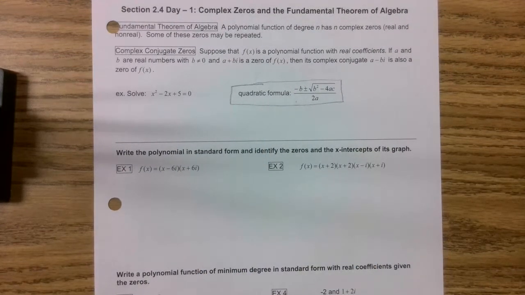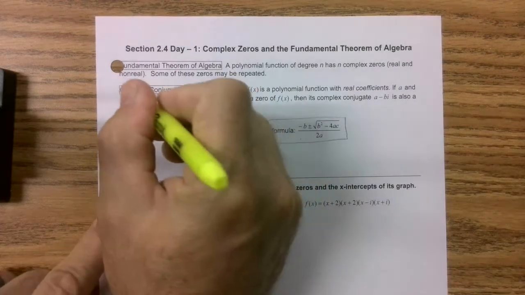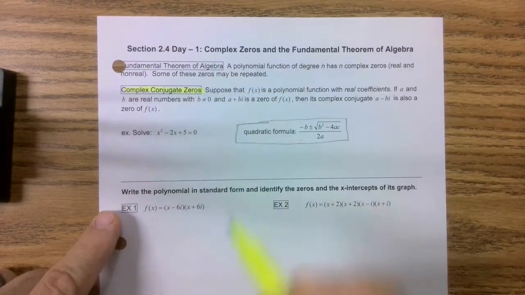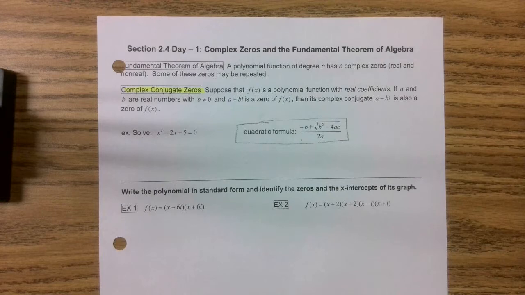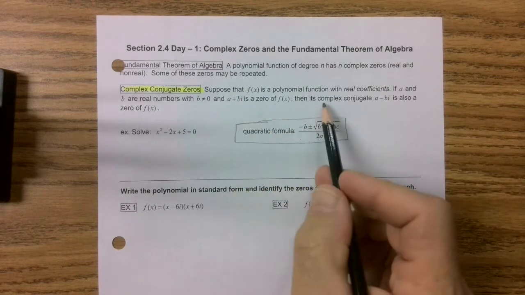This guy right here, complex conjugate zeros, is a really strange little statement.